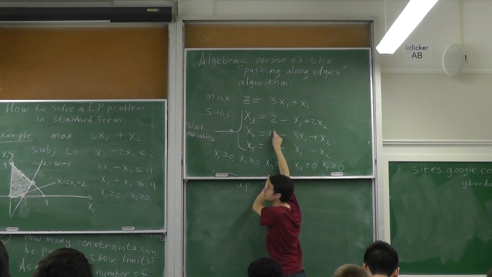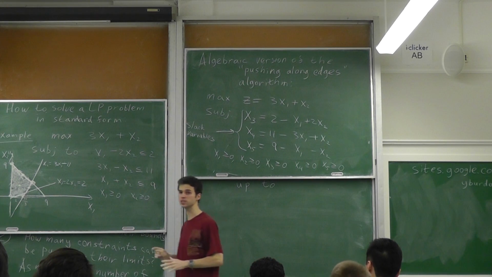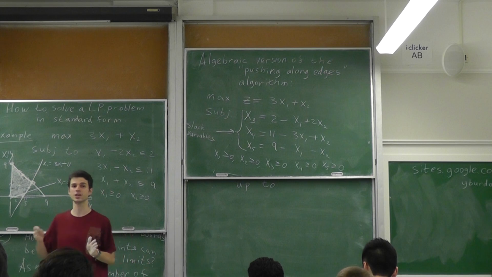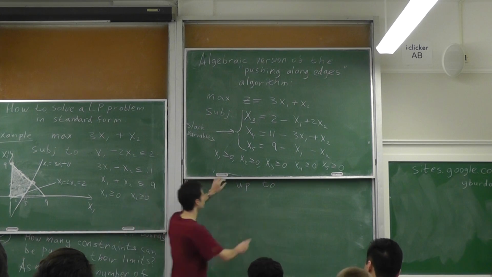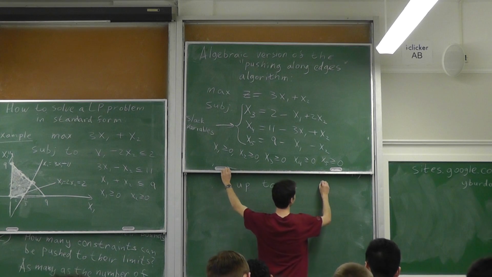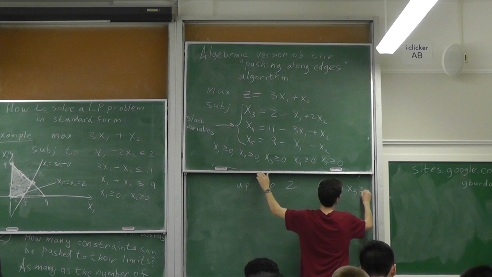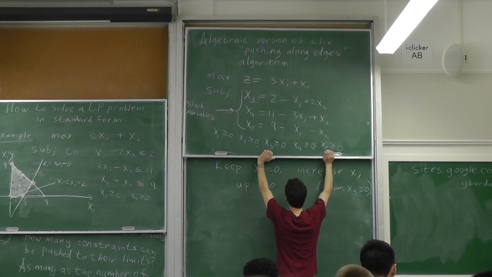The first variable here, 2 minus x1 being bigger than 0, this inequality tells me I can increase x1 at most up to 2, from x3 being bigger than 0.